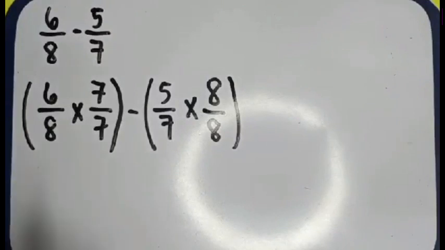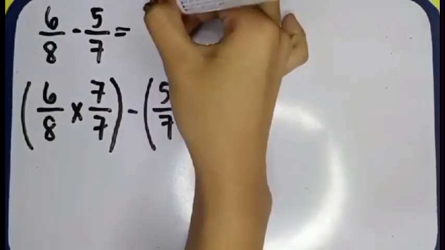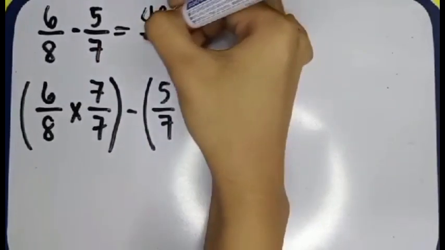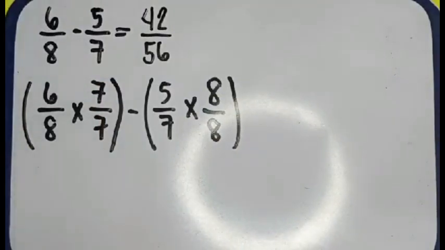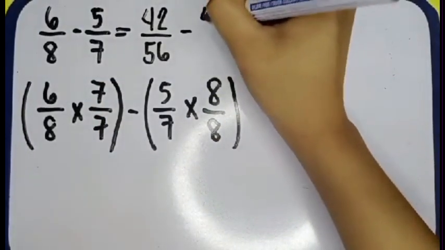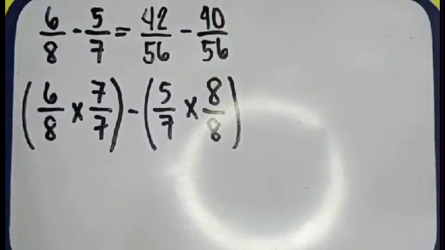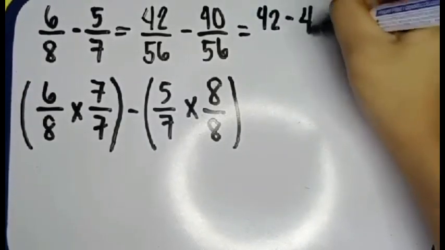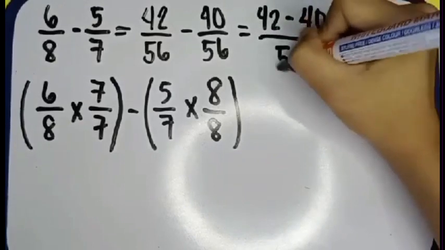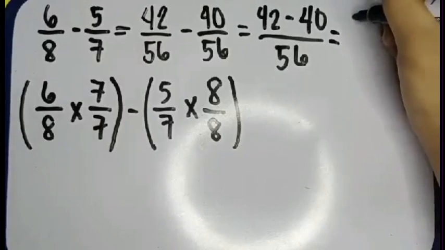Therefore, 6 over 8 times 7 over 7 is equal to 42 over 56. Then, 5 over 7 times 8 over 8 is equal to 40 over 56. Then, subtract the numerators, which is 42 minus 40, then copy the denominator. 42 minus 40 is equal to 2.